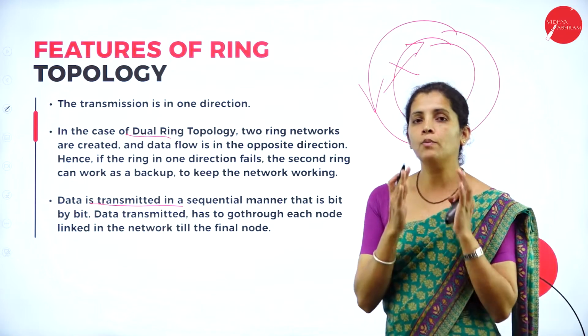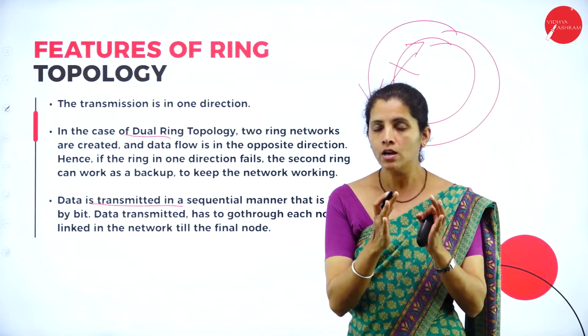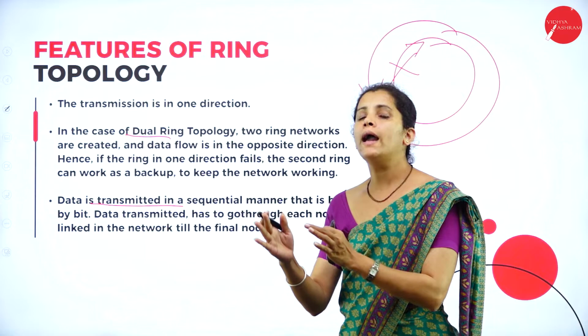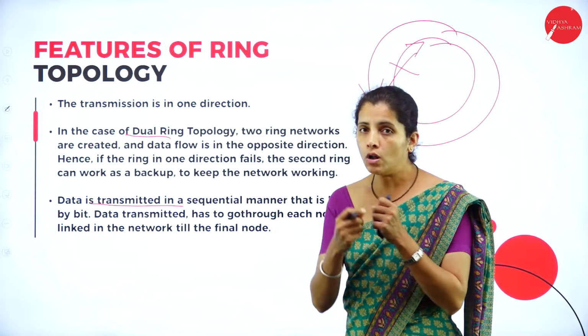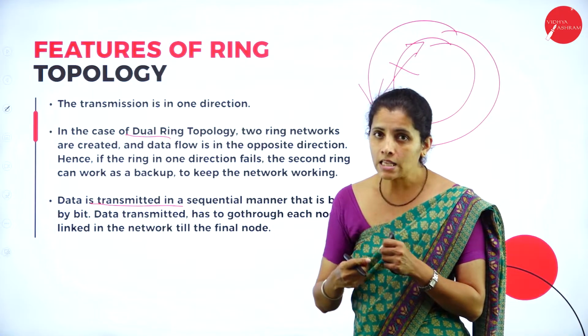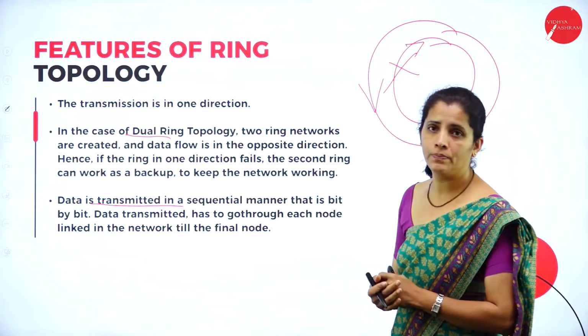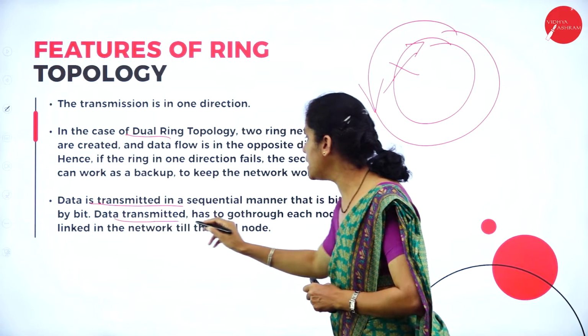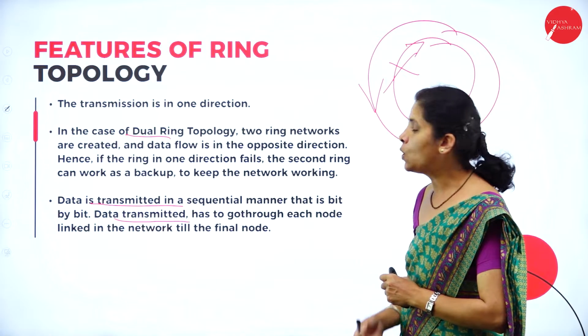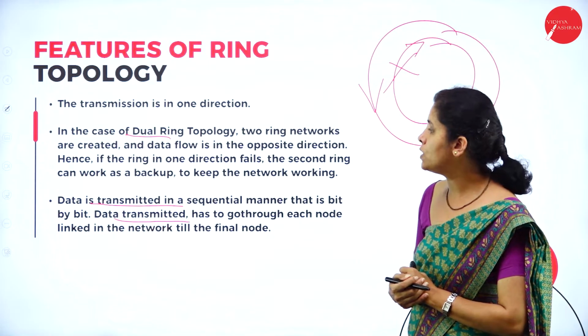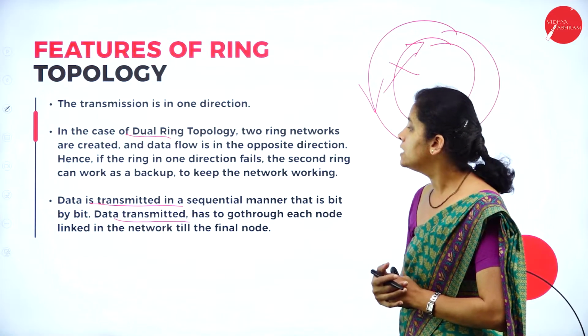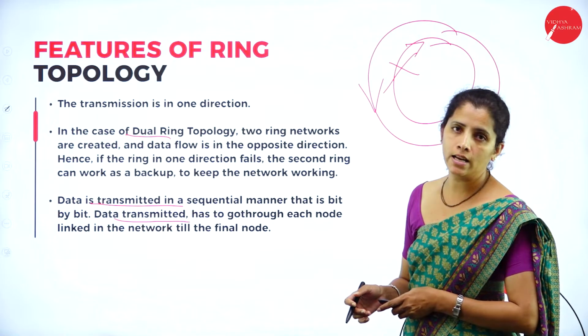So here I am going to send the data from one system to another system. All the data are transferred in a sequential manner. So the data transmitted has to go through each node linked in the network till the final node.